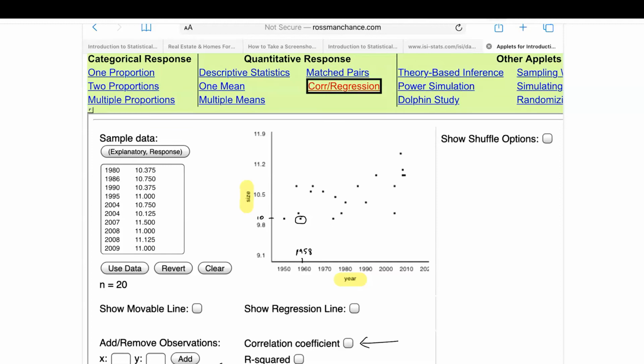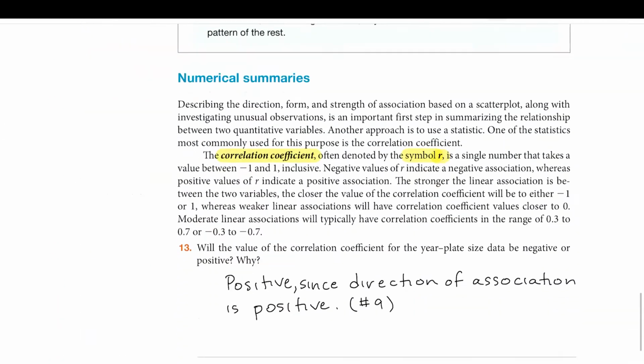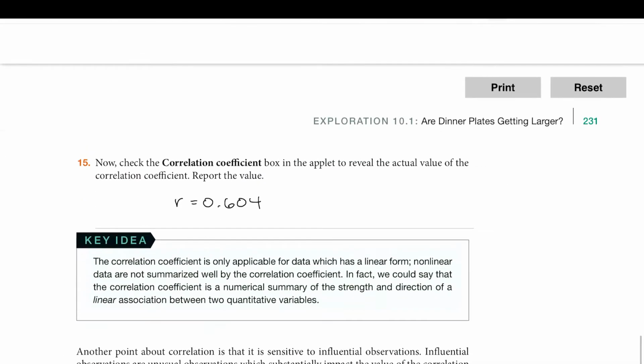I'm going to go back to my screenshot up here and point that out. If you check that box, it will calculate it for you. So 0.604, notice, is in between the 0.3 and 0.7. It is in the moderate range.